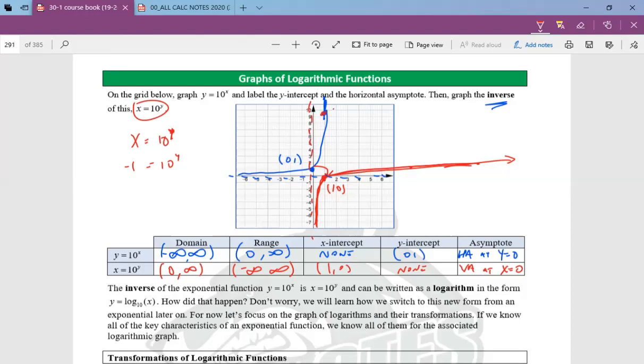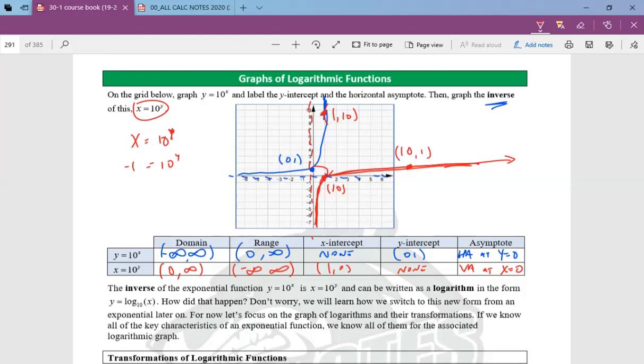Up here we have (1, 10), which would correspond on this graph to (10, 1). Back when we did inverses in transformations, we recognized that you just swap your x and your y coordinate. You swap your x and your y in your equation, and that is how we do an inverse.